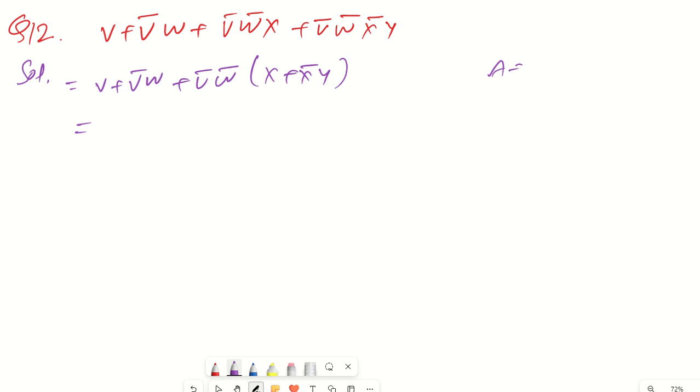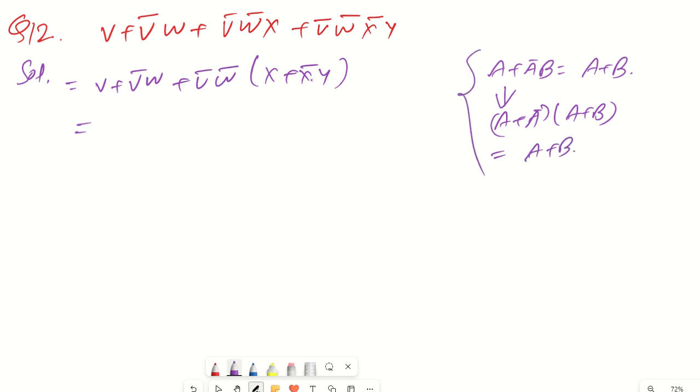Like I know a plus a bar b, a plus a bar b is equal to a plus b. Why it is happening? This was very simple, a plus a bar into a plus b, and a plus a bar is actually 1, so it is going to give us a plus b. So this is the method that I'll try to use here.